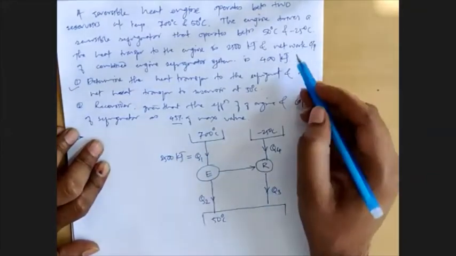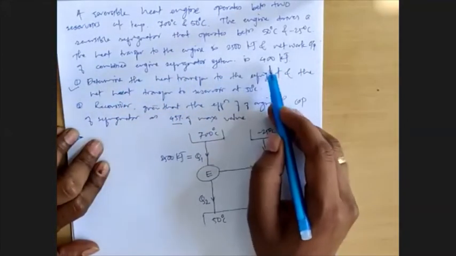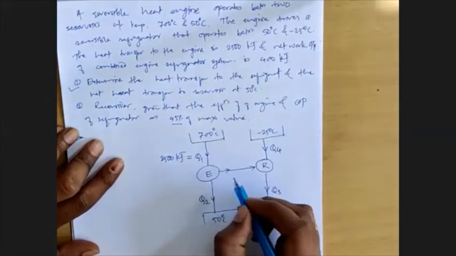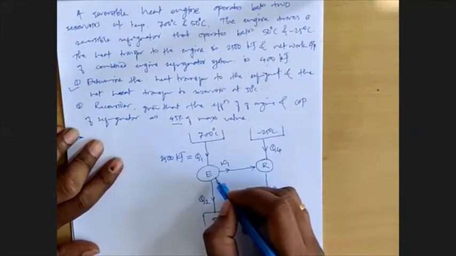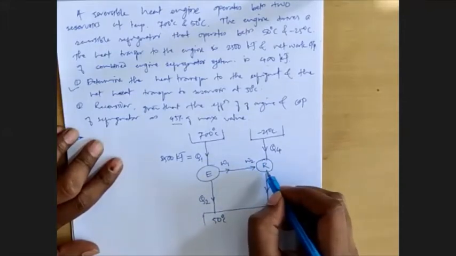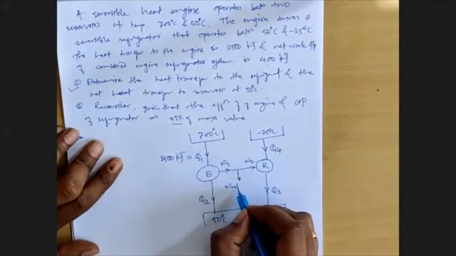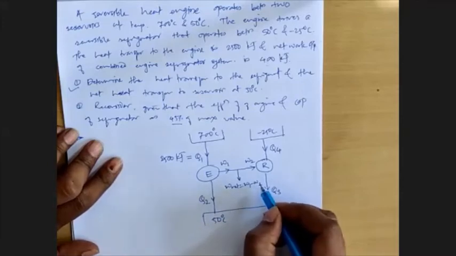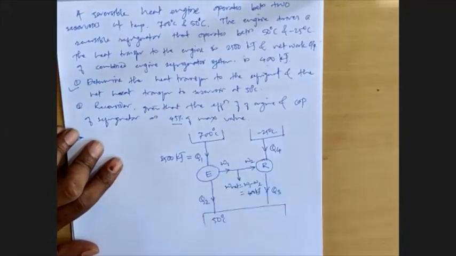The net work output of the combined engine refrigerator system is 400 kilojoules. So W1 is the work produced by the engine, W2 is the requirement of the refrigerator, and W net is the difference, W1 minus W2, which is equal to 400 kilojoules.